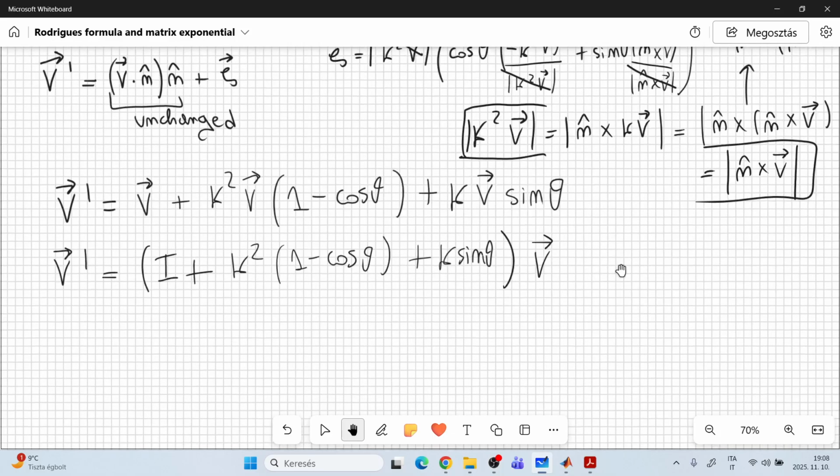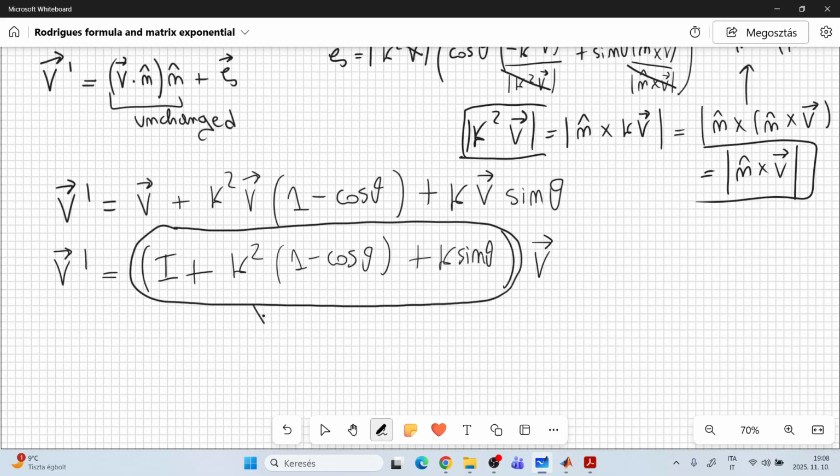And this is the important matrix that performs that rotation around the axis n, that we can denote as r sub n of theta, if you want. So it's a rotation with an angle defined as theta on a plane that's perpendicular to the axis of rotation, and the axis of rotation is n, is characterized by the unit vector n.